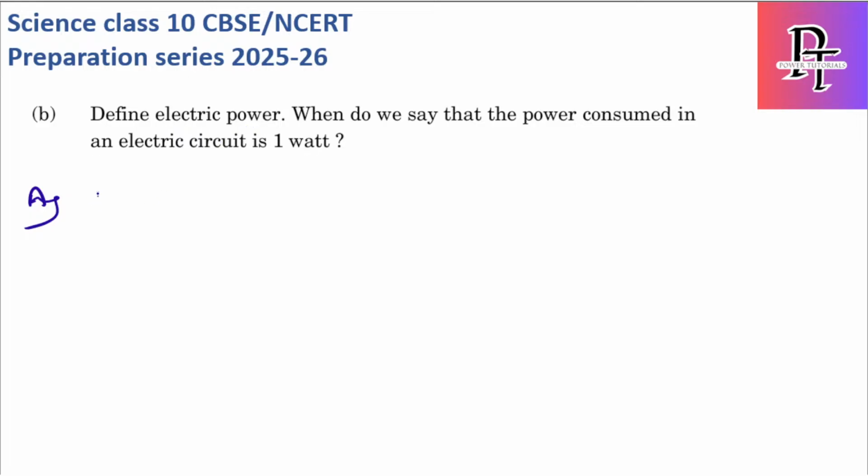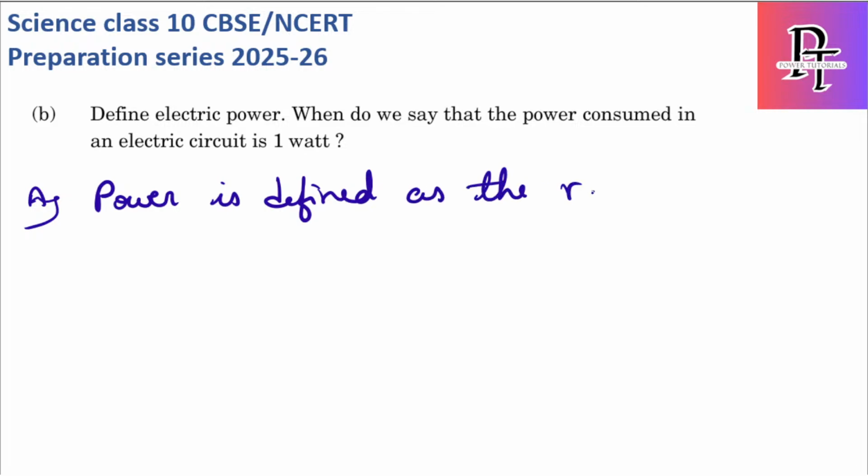Electric power is defined as the rate of energy consumed or dissipated.